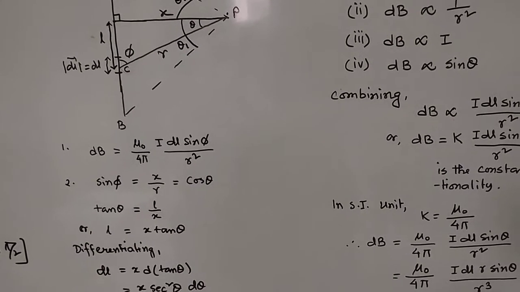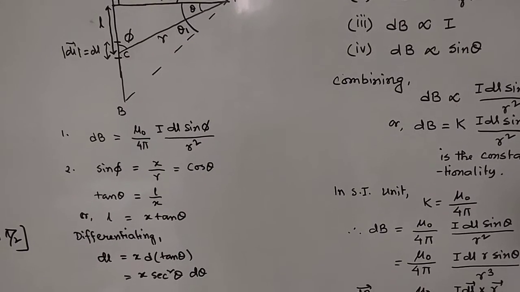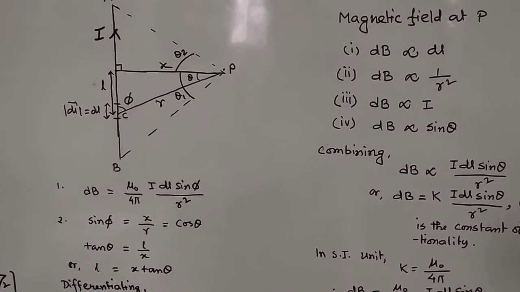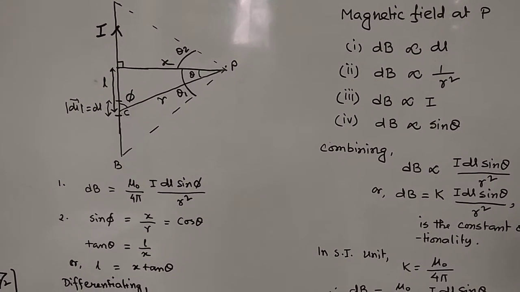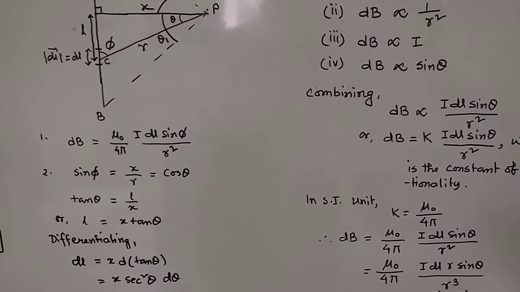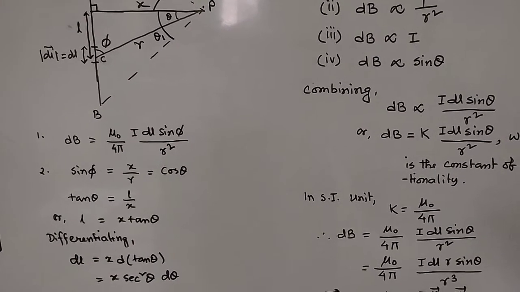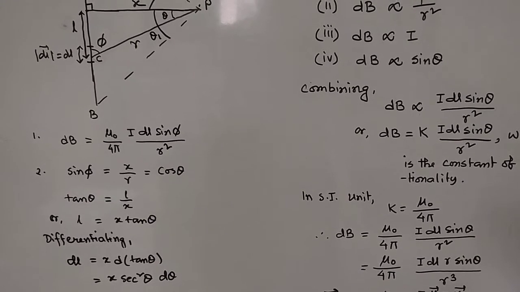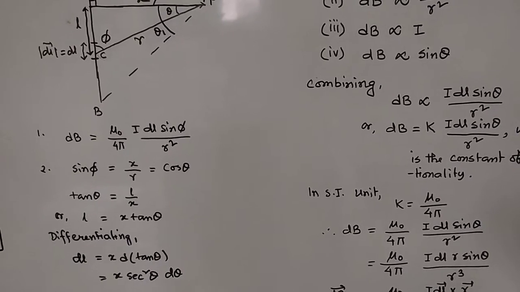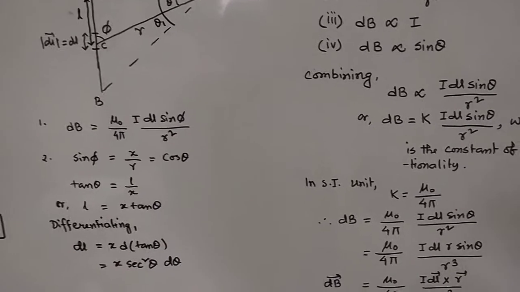Now what we will do, we will differentiate. We will take small d on both sides. So x is constant, so there is no variation of x. So dl equals x d of tan theta.